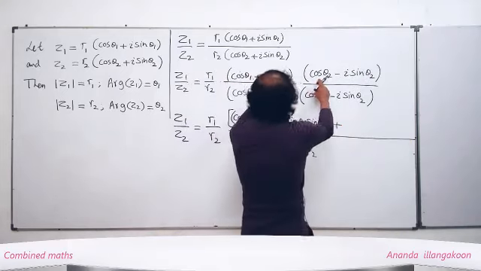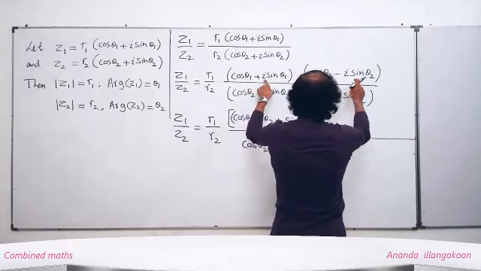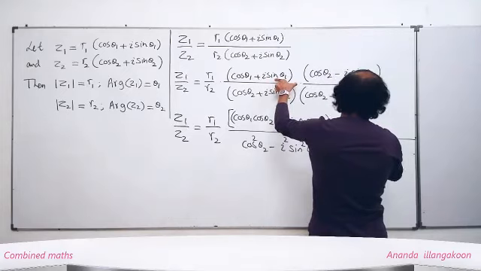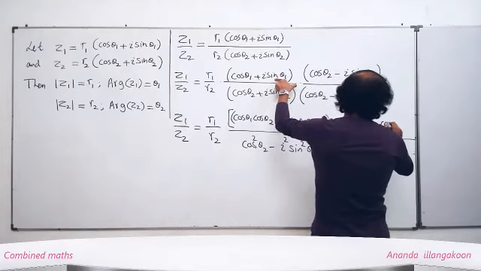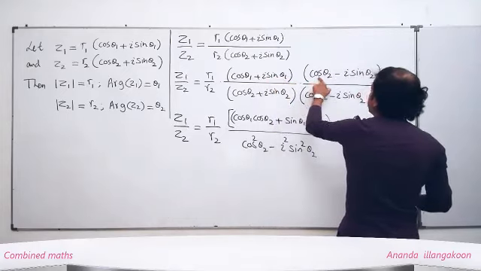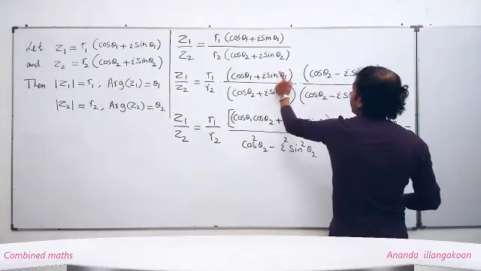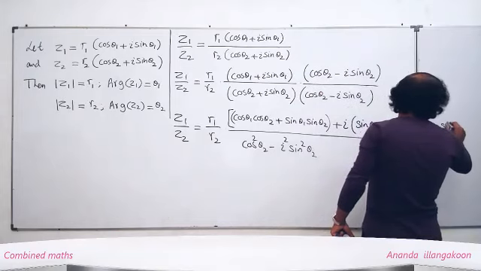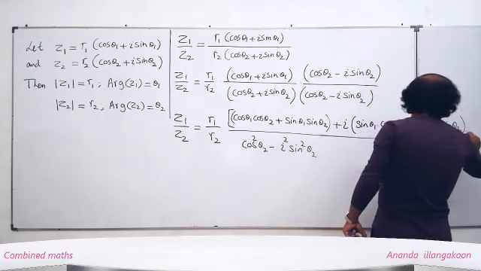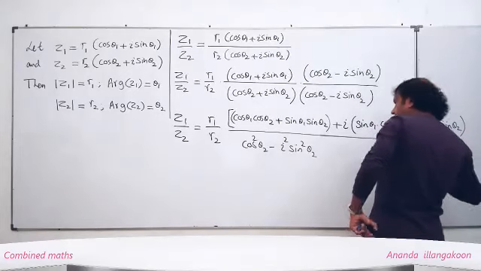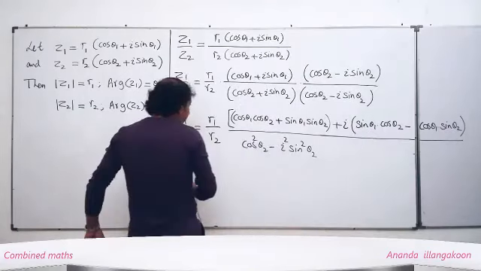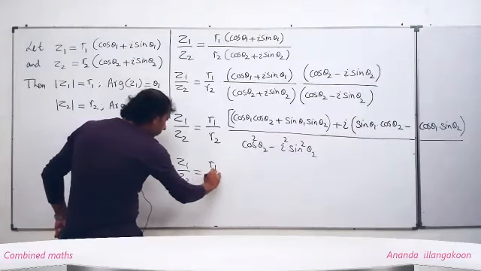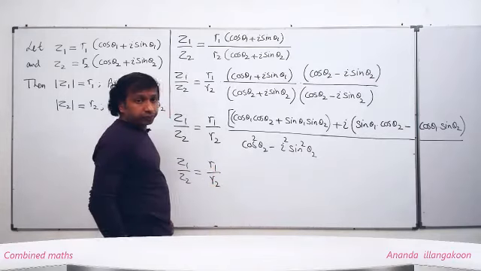Now, this and this we multiply, this and this we multiply. There we have I, sin theta 1 cos theta 2, and minus cos theta 1 sin theta 2. Like this. Now you can see here Z1 divided by Z2 equals R1 by R2.